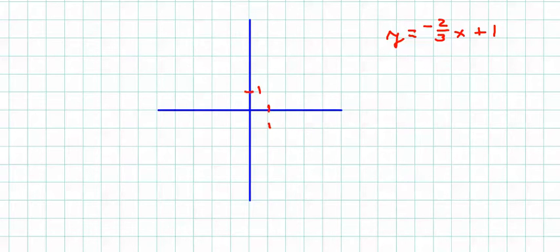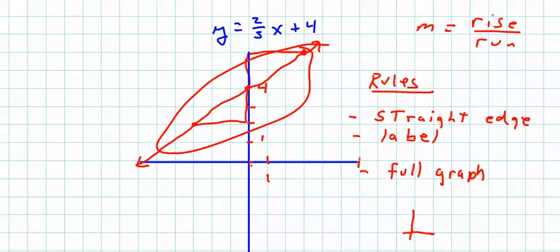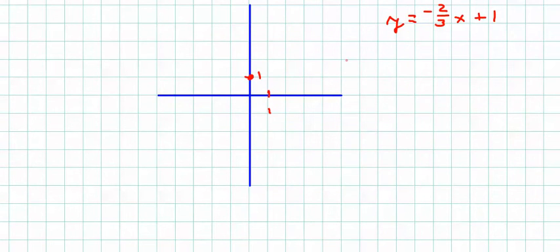Now, I go to my y-intercept, just like over here. My y-intercept was 4. I started at 4. Here my y-intercept is 1. I start at 1. My slope is negative 2/3.